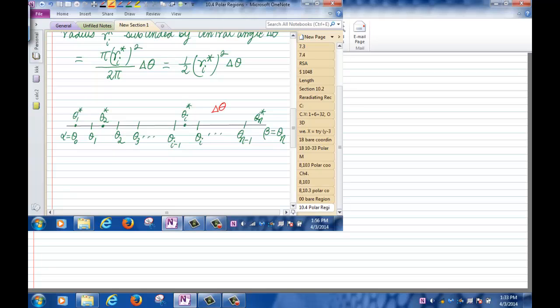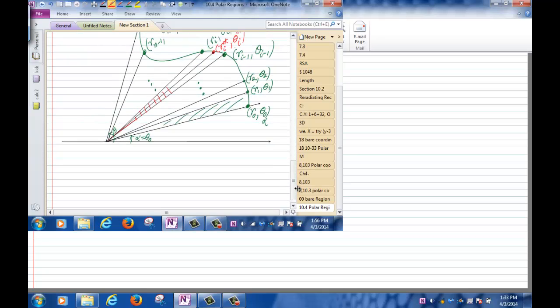The length of each subinterval, let's say, is delta theta. So then, what's the central angle for the ith segment? What is this angle? It's delta theta, because I divided into subintervals having the same length, delta theta.